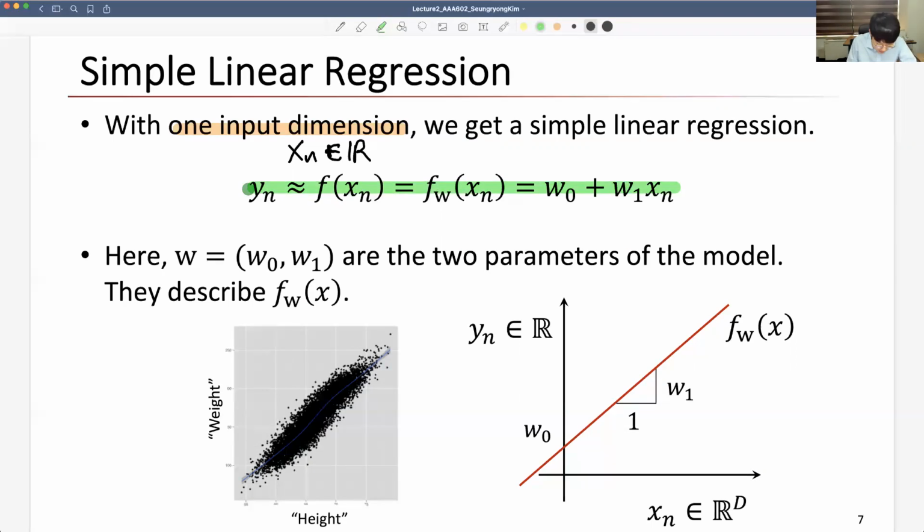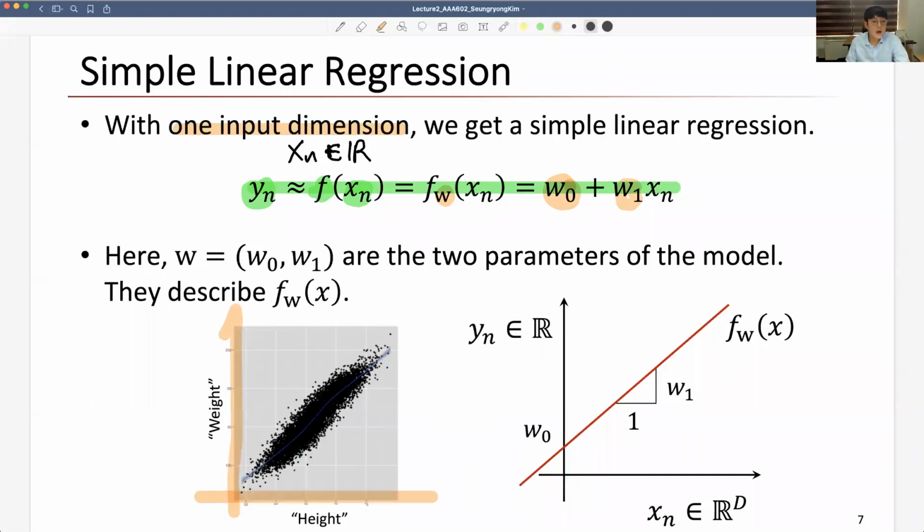Here, yn is the output variable, xn is the input variable, and f is the mapping function. Then we can define this mapping function with a few parameters, something like w. If you think about the simple linear regression problem, w is going to be w0 and w1, right?